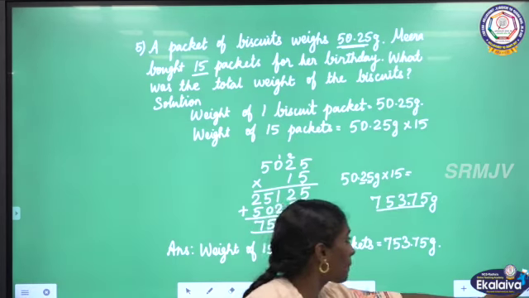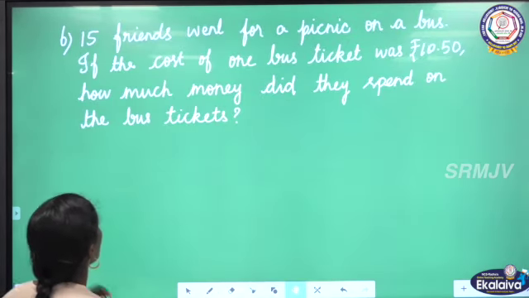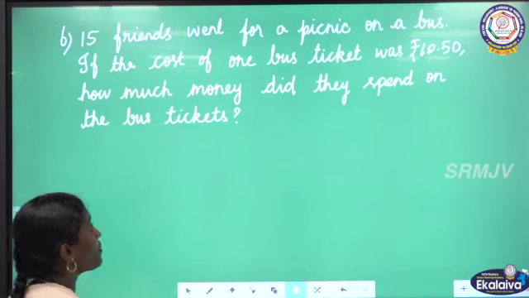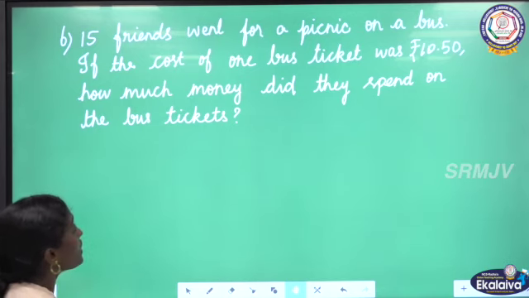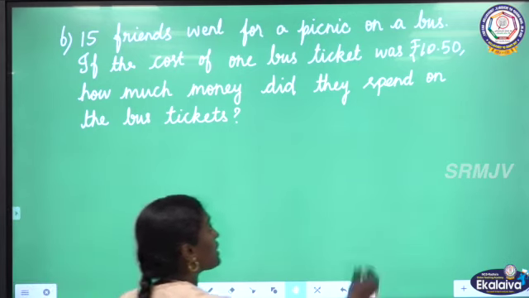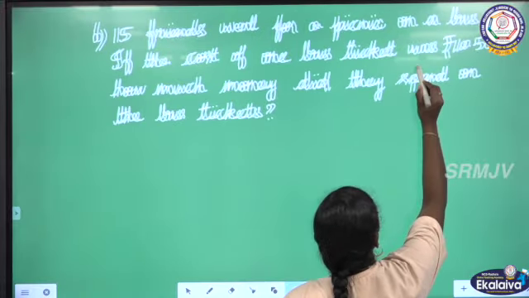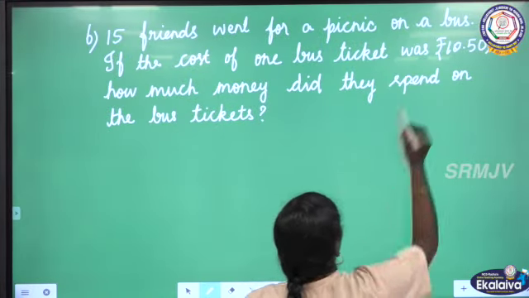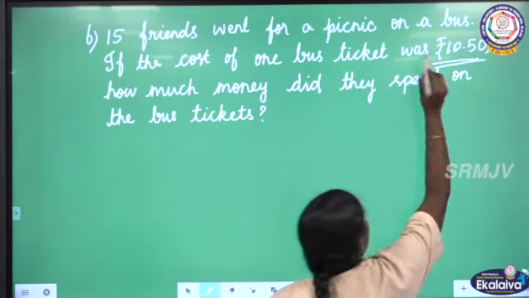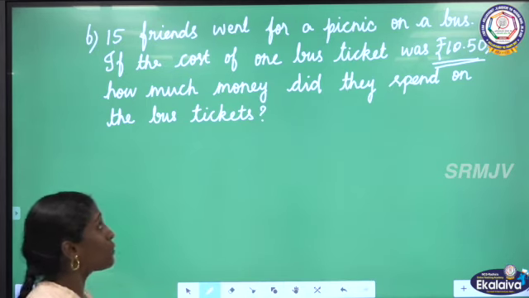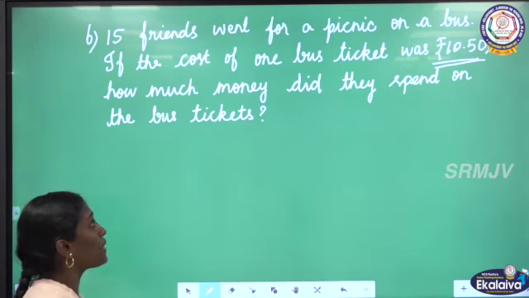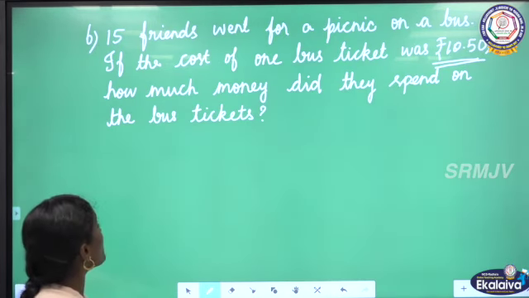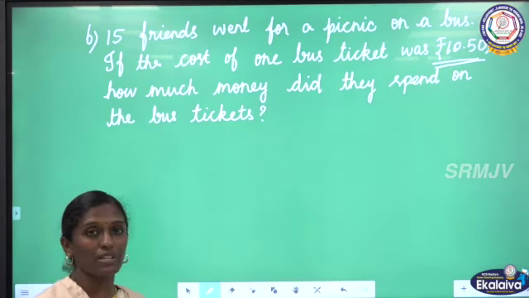Okay. The next question, 15 friends went for a picnic on a bus. If the cost of one bus ticket is rupees 10.50, how much money did they spend on the bus tickets? 15 friends went for a picnic.